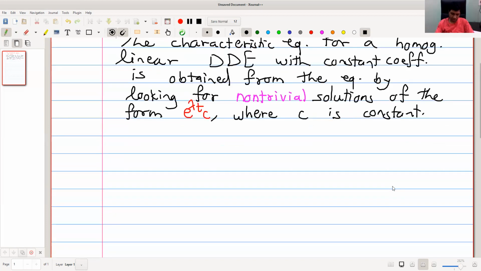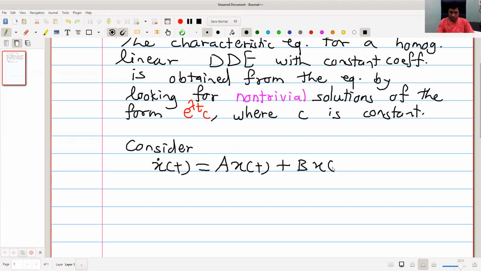So we consider x dot of t equal to a x of t plus b x of t minus r.